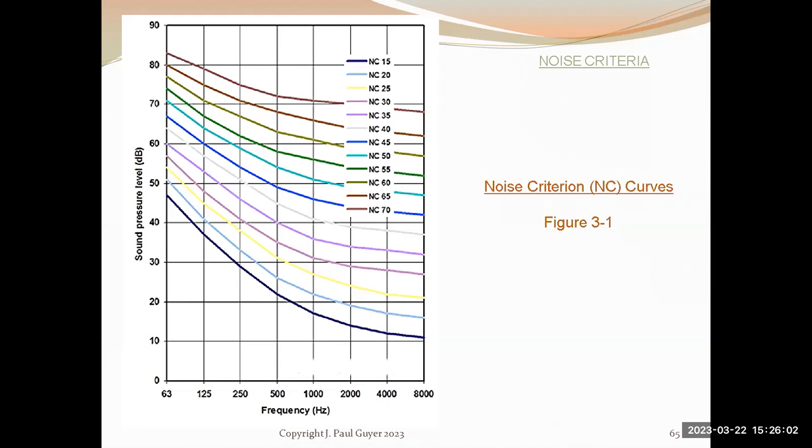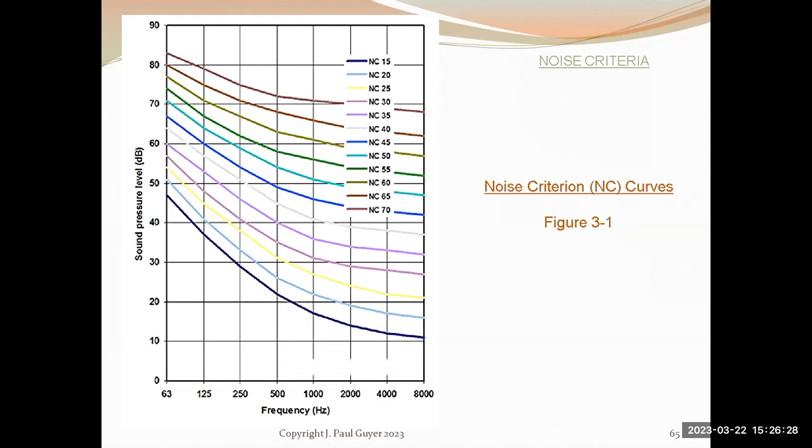And then this chart characterizes the noise criteria curves between the frequencies of around 63 hertz up to 8,000 hertz.